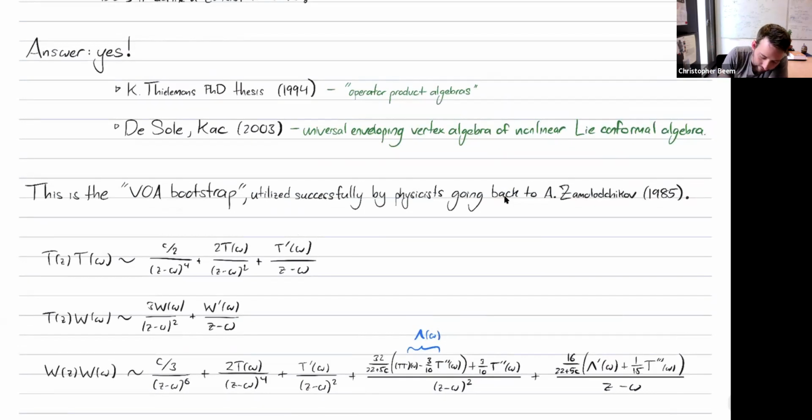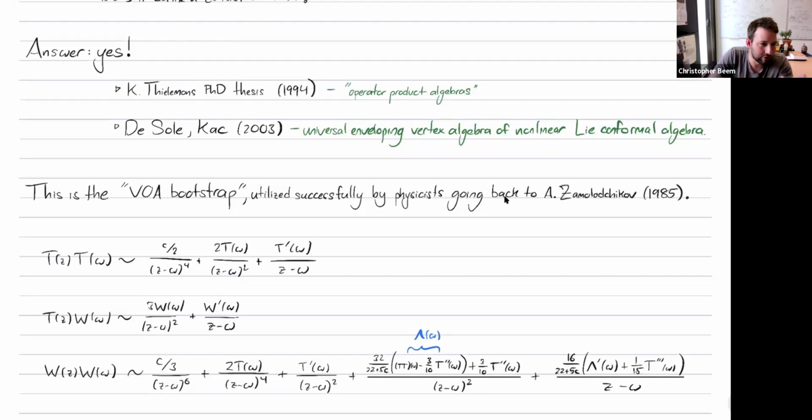That is done in a paper by Victor Kac and Alberto De Sole from later, where the relevant terminology I won't define. I've abused you too much with definitions today. But the sort of thing that you define using this procedure is what's called the universal enveloping vertex algebra of a nonlinear Lie conformal algebra.